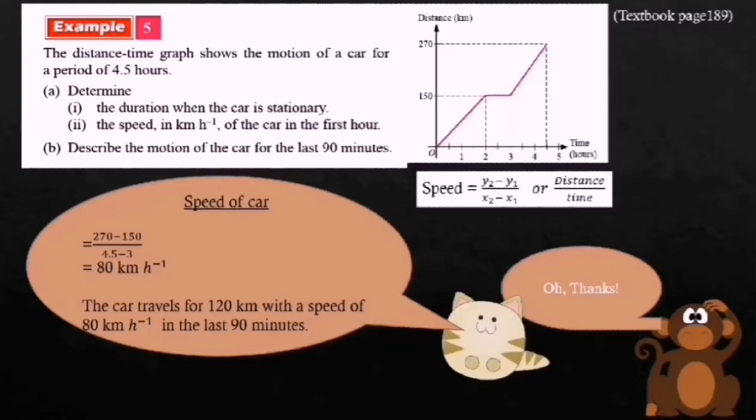So when we need to describe the motion of the car, we need to have the distance, speed, and the time. So the car travels for 120 km with a speed of 80 km per hour in the last 90 minutes.